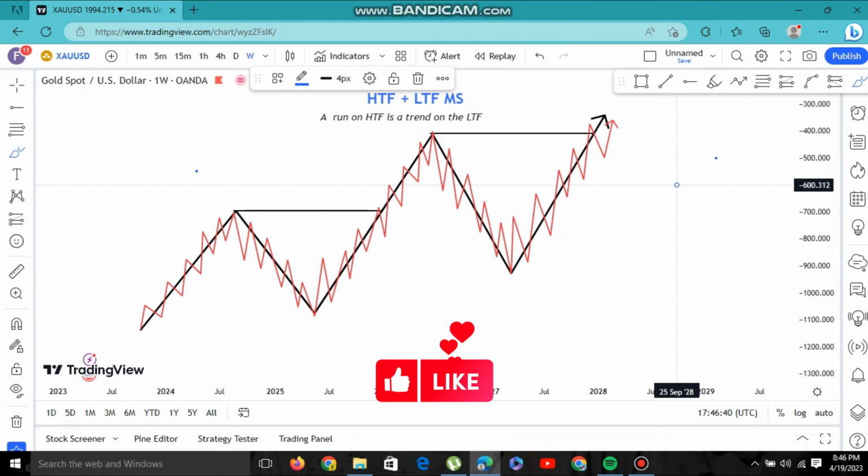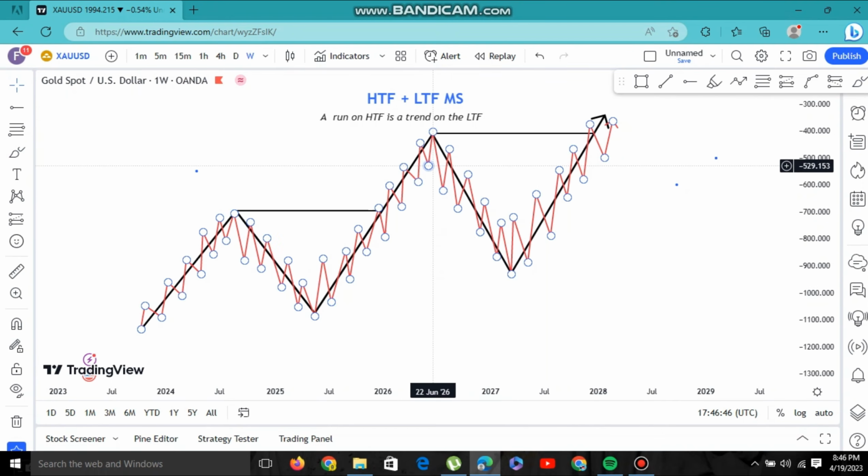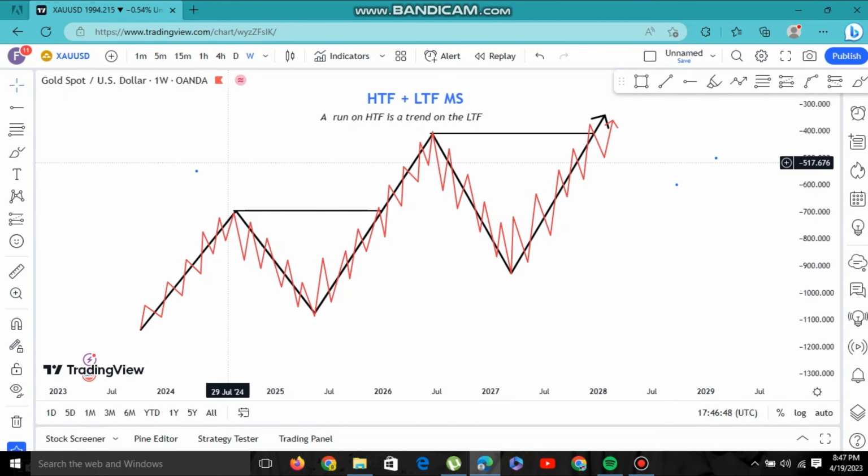Okay, ladies and gentlemen, here we have started with this statement. As I told you, we're going to be looking at multi-time frame market structure analysis.